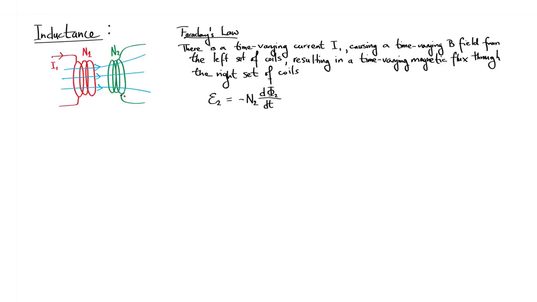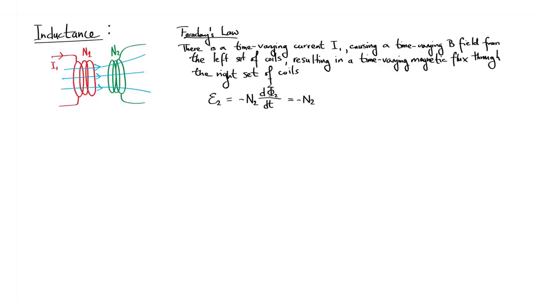Since I have like 8 of these coils, and let's imagine they're stacked very close together, kind of like a very tightly wound solenoid, then the total magnetic flux would be going through 8 sets of coils. I have to multiply by the number of coils that I have. And I'll assume the amount of flux through each one of these coils is the same because they're very tightly wound together. In the end, I actually don't need to make that assumption, but for these purposes, it's kind of useful. All right, so it's going to be equal to minus N2 times the time derivative of phi 2.